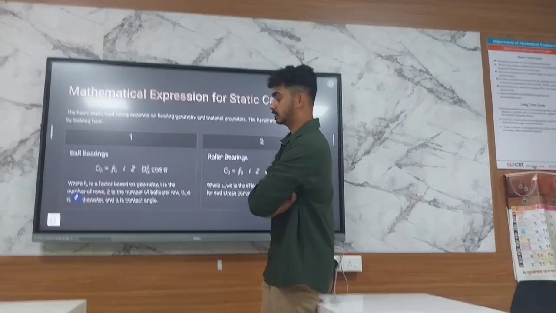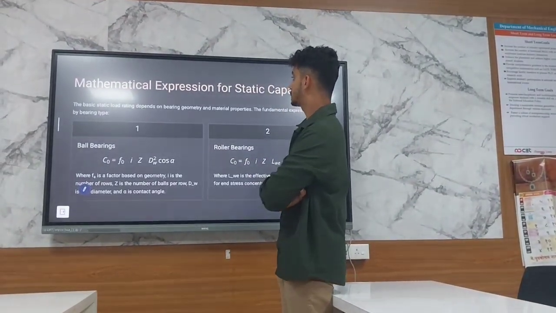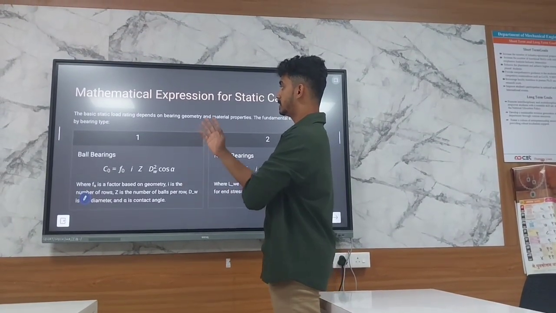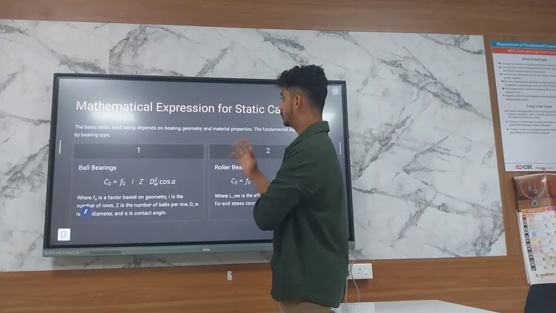Let me derive the mathematical expression for the static capacity. The basic static load rating depends on bearing geometry.